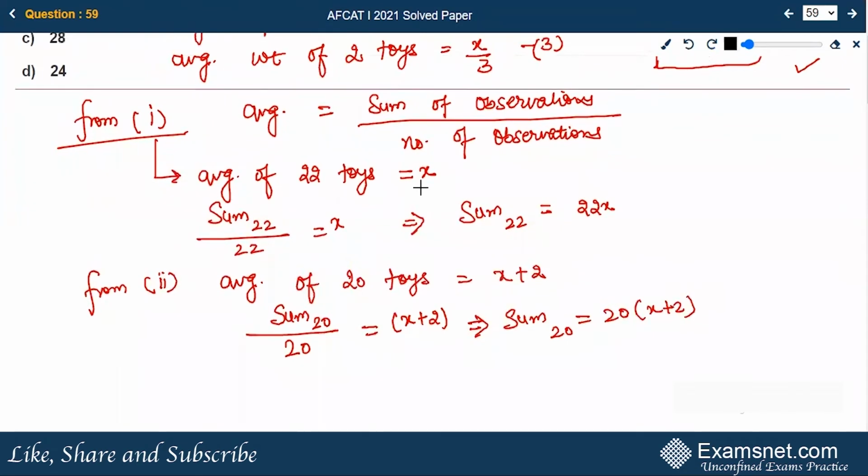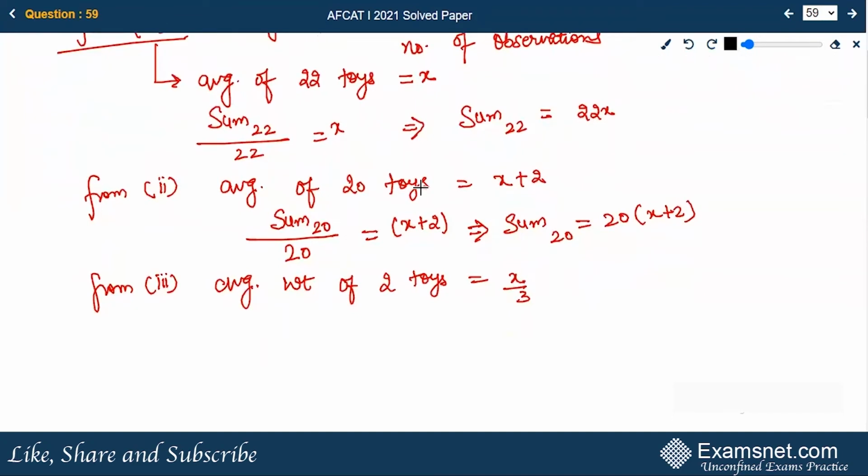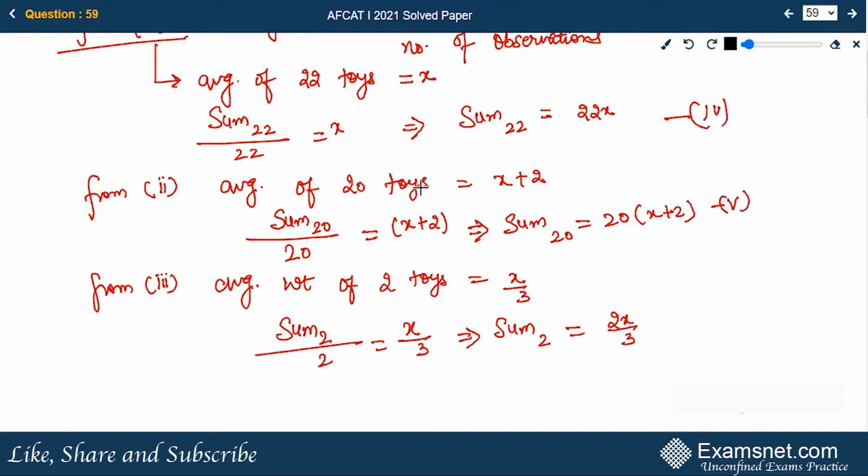From the third one, average weight of 2 toys is equal to x upon 3, which means sum of weight of 2 toys divided by 2 is equal to x upon 3, which gives you sum of weight of 2 toys is equal to 2x upon 3. Now these are number 4, 5, and 6.